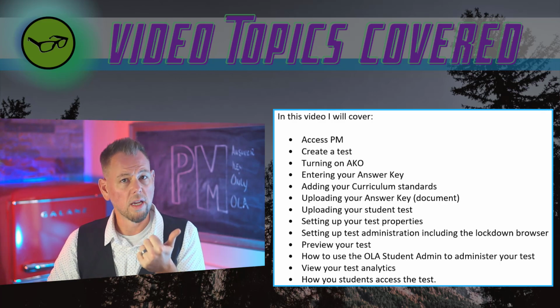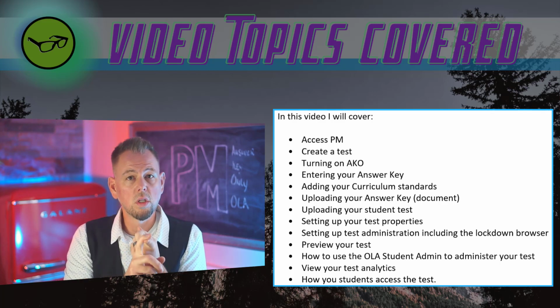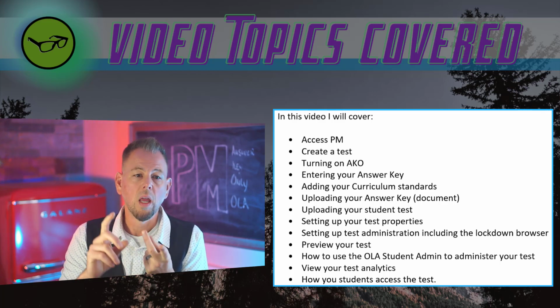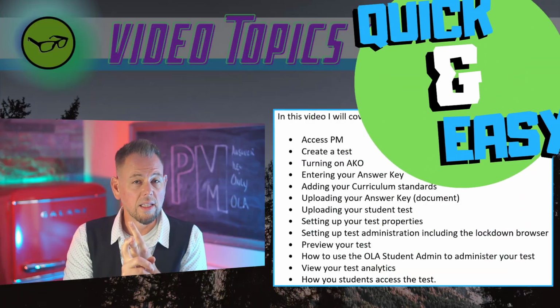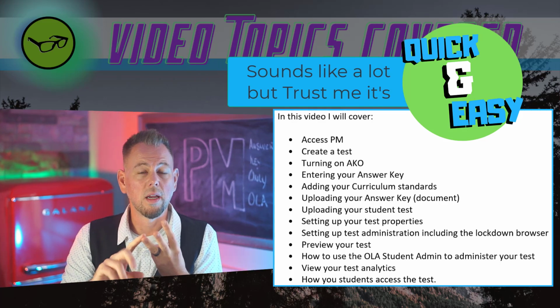We'll preview the test and show you how to do that. We'll also show you how to administer it in the Student Administration OLA, and we will take a look at the analytics. And additionally and finally, we will show you what it looks like on the student side, because that's also super easy and I wanted you to see it.